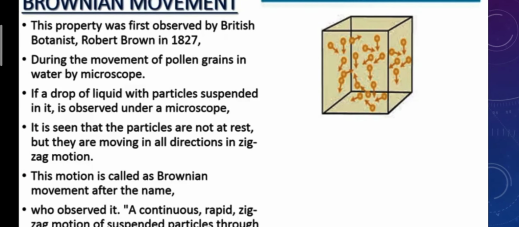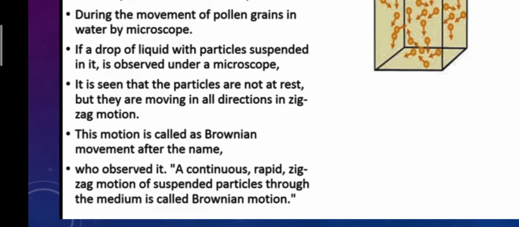This motion is called as Brownian movement after the name. A continuous rapid zigzag motion of suspended particles through the medium is called Brownian movement.